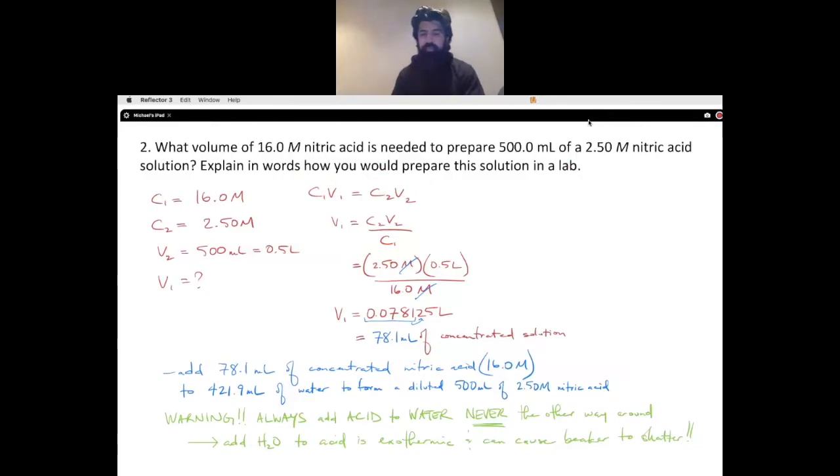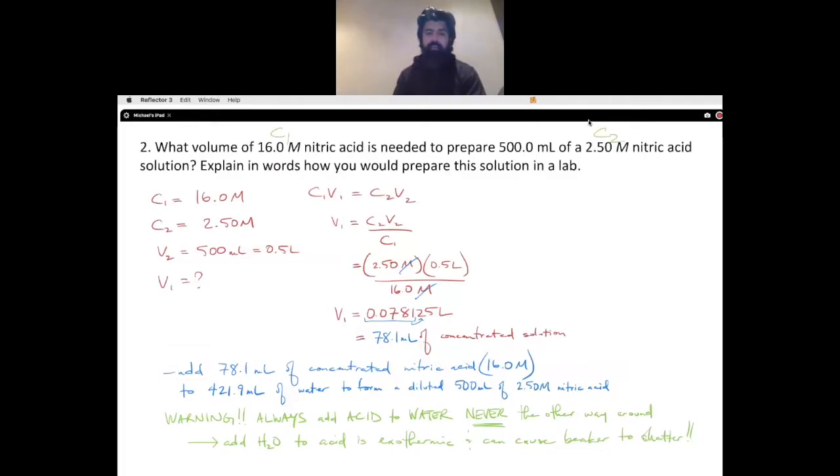Let's ignore that part. We're given a volume. Look at that concentration, that's a highly concentrated acid. We want to prepare 500 milliliters for a class, but we want to lower this concentration from this, so this is our C1 to a C2.